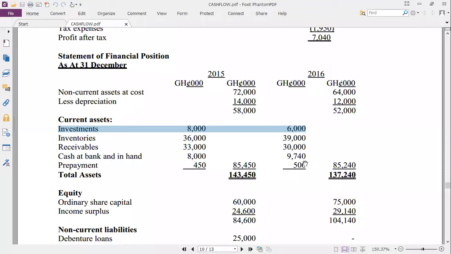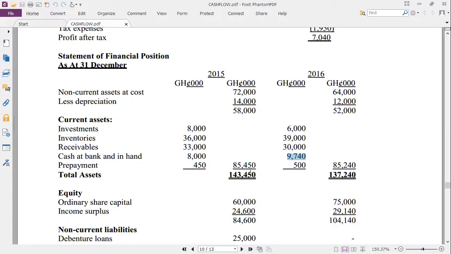If the closing balance is 9,740, what should I add to that of 8,000 so that I can get 9,740? So the total cash and cash equivalent at the end of the year will be 1,740. So if you do everything, the net cash flow for the year is 1,740. You've balanced it ahead of time.